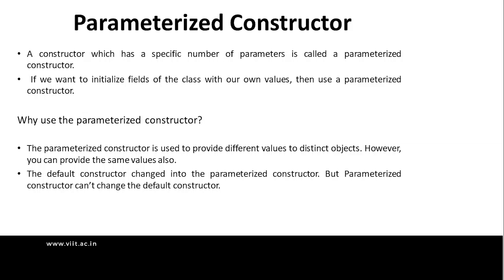Why use the parameterized constructor? It is used to provide different values to distinct objects. However, you can provide the same values also. The default constructor can be changed into a parameterized constructor, but a parameterized constructor cannot be changed into the default constructor.